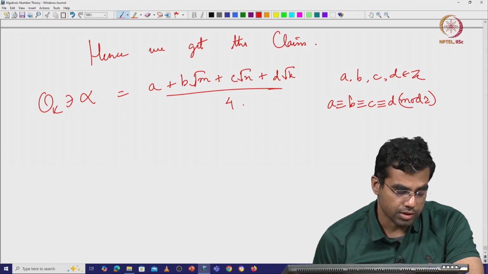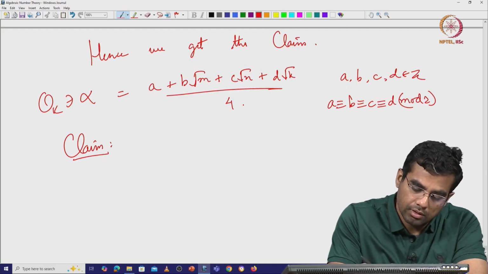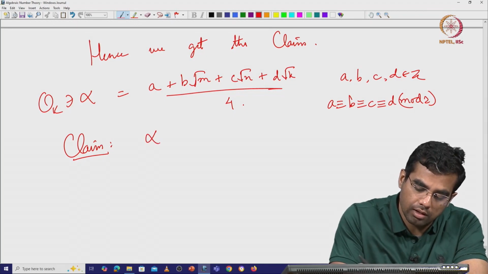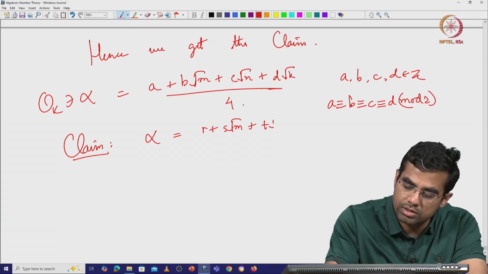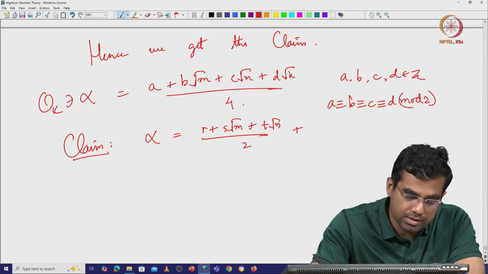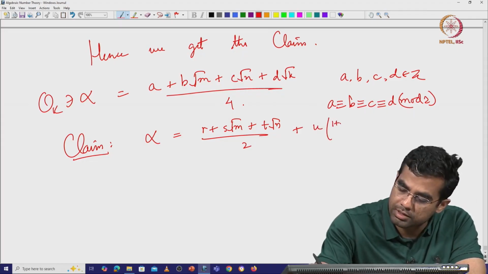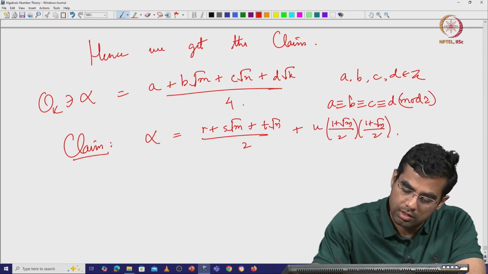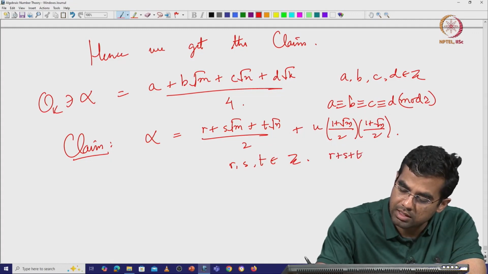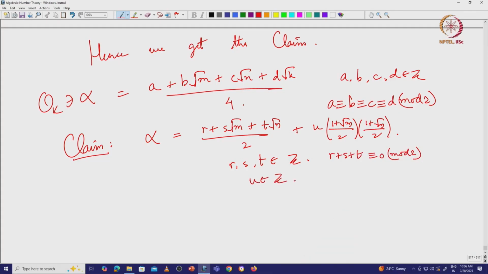Next claim is that alpha can be written as (r plus s√m plus t√n)/2 plus some integer multiple u times (1+√m)/2 times (1+√n)/2. Here r, s and t are in Z, and r plus s plus t is congruent to 0 mod 2, and u is also in Z.